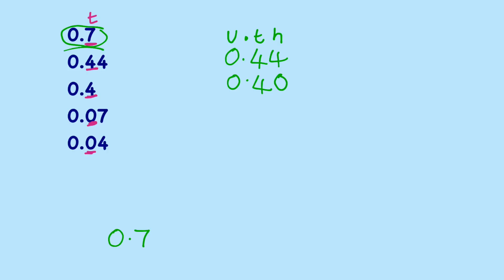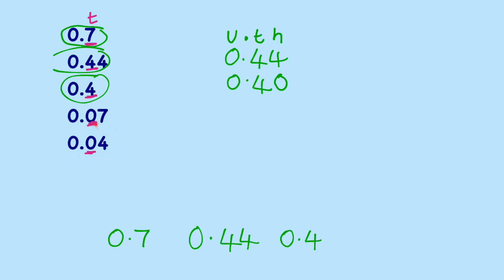So I know that 0.44 is my next biggest, so I'm going to write that here, 0.44. So that means that 0.4 must be the next largest, so I'm going to write that here. And then if I want to compare my last two decimals, I've got 0.07 or 0.04.